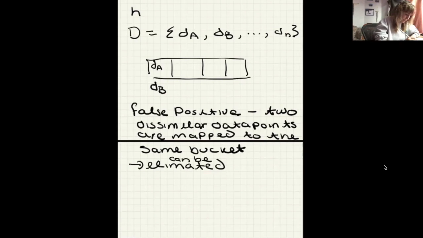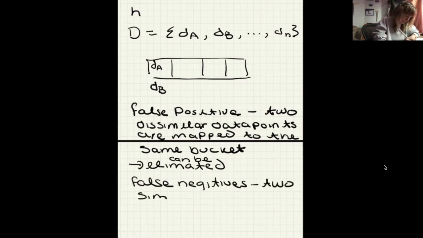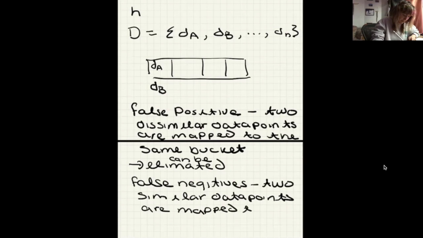And false negatives. This is when two similar data points are mapped to two different buckets.